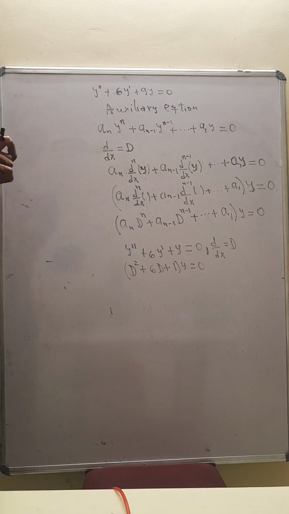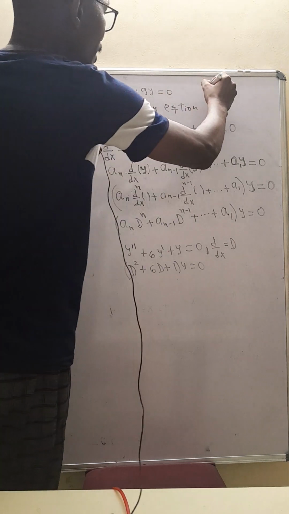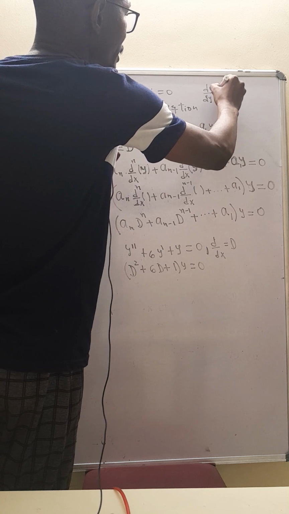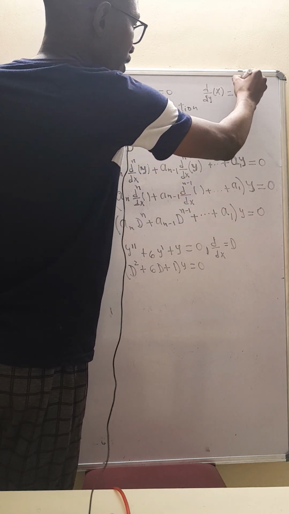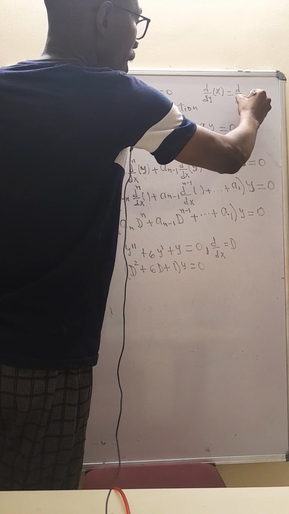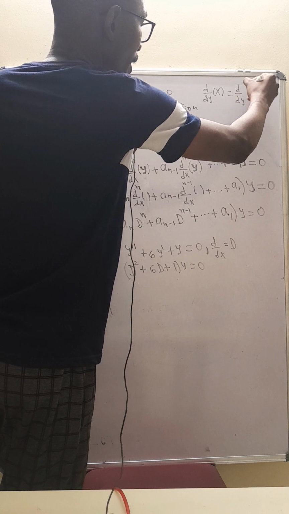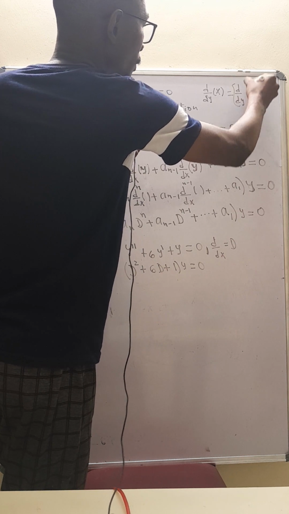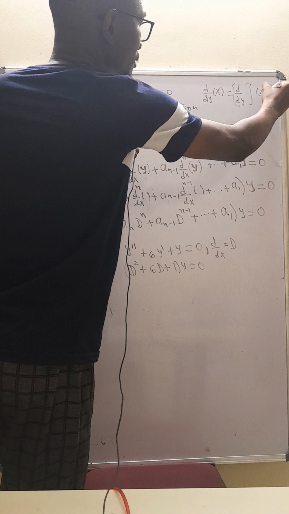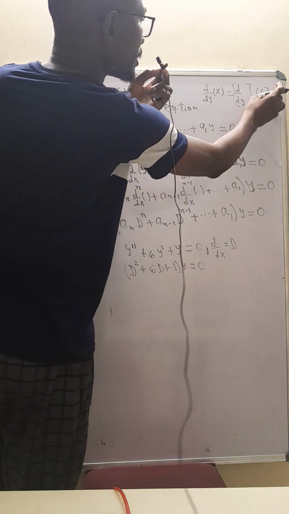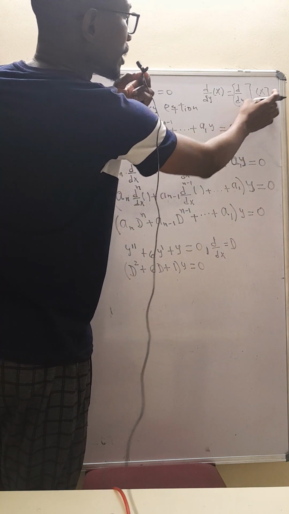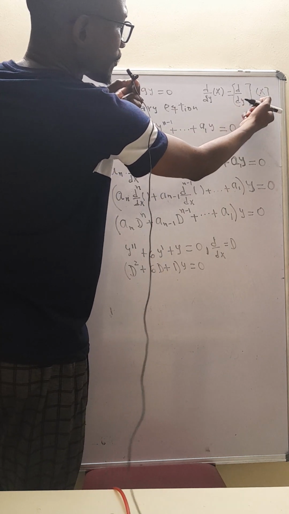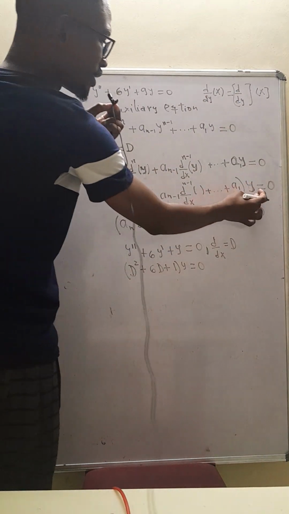It's like when I have d/dy acting on x. This can be written as d/dy of x. This is the operator and this is the function. So we just put the independent variable back, and it will be as before. This is what we did here.